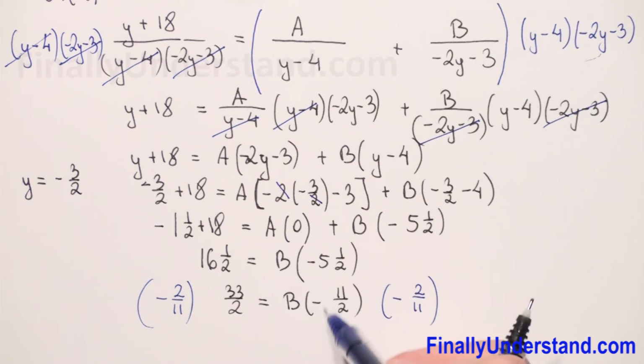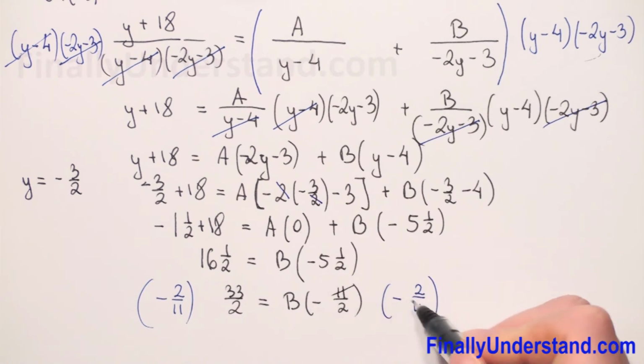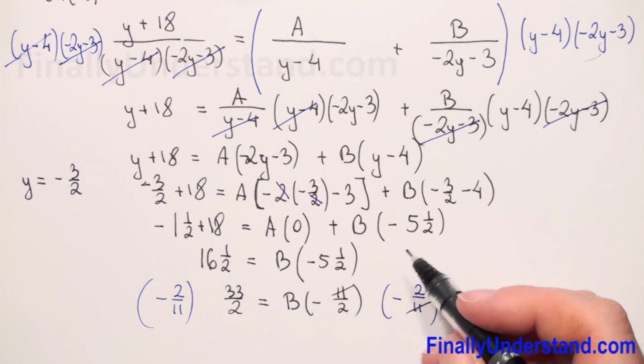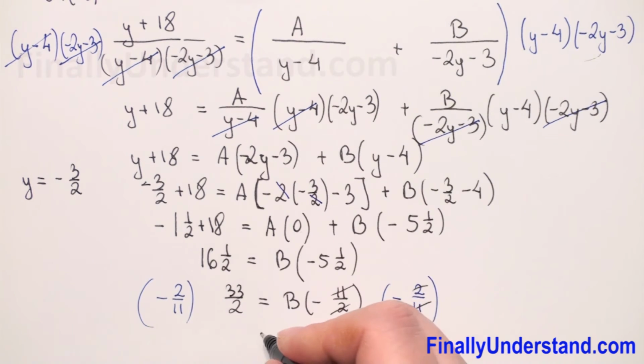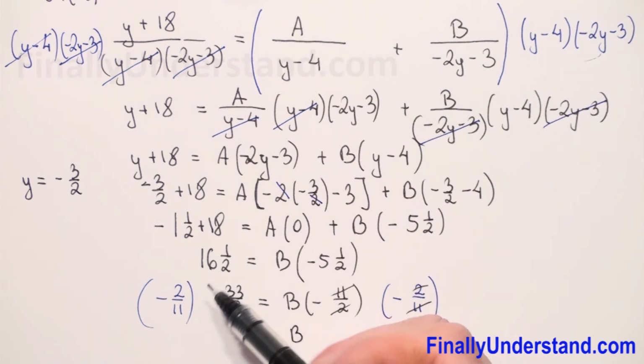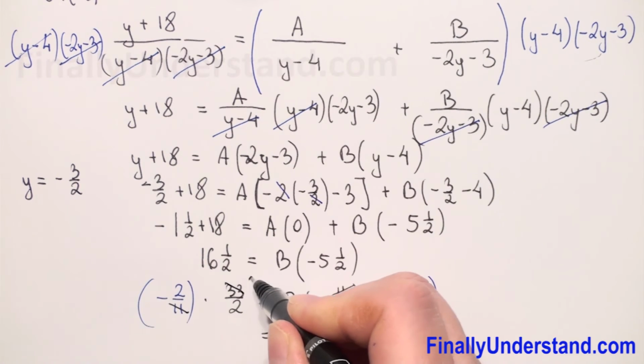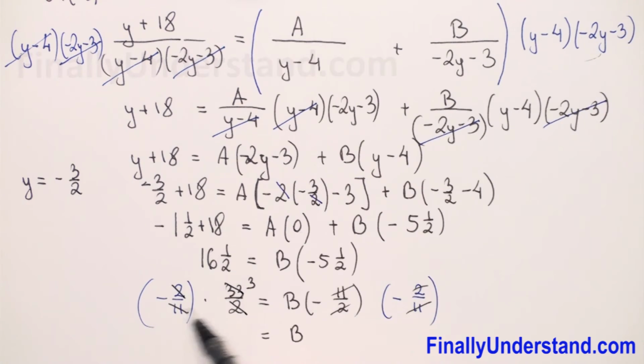We have to always take the reciprocal of our fraction to get rid of the fraction. So now we see that 11 with 11 we can reduce because we have multiplication, 2 with 2, and negative times negative gives me positive. So on the right side we have only b, and on the left side we can reduce 11 with 33, which will be 3, and 2 with 2. And negative times positive gives me negative, so we have negative 3. So we can rewrite that b is equal to negative 3.